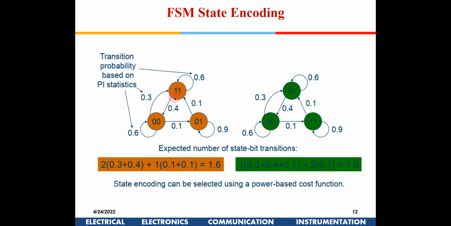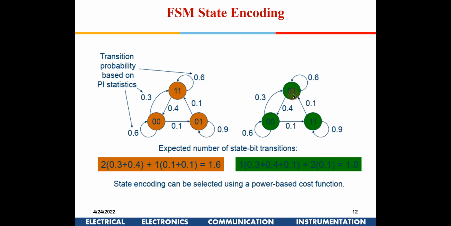Initially I did an arbitrary assignment of these states, 1 1, 0 0, 0 1. Now for reduced power consumption, I am doing this in a careful manner. Since this change has a higher probability, I am ensuring that there is no 2-bit change, only a 1-bit change.